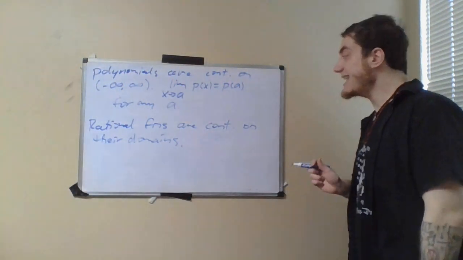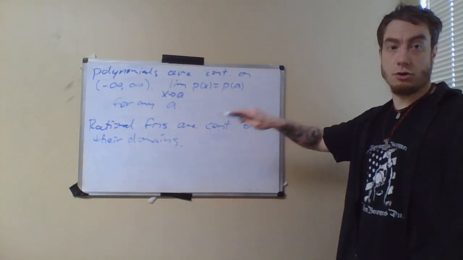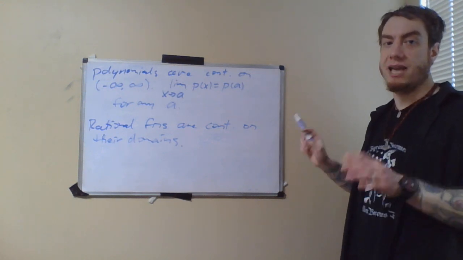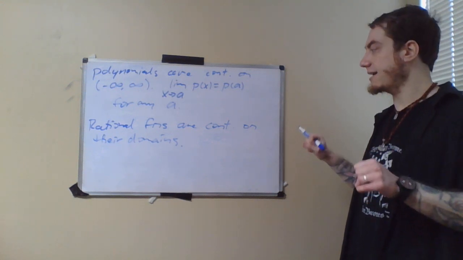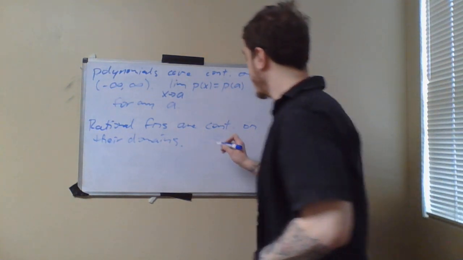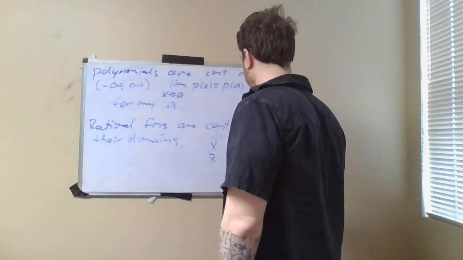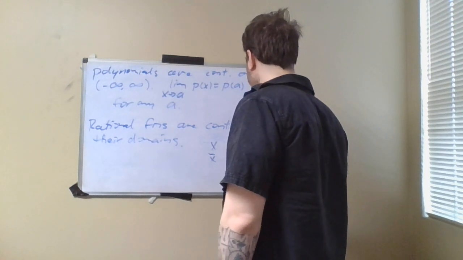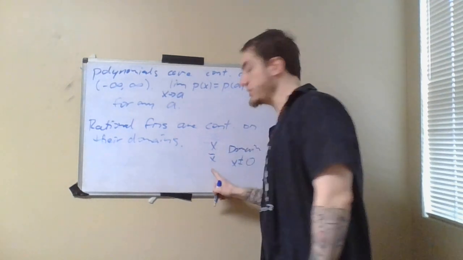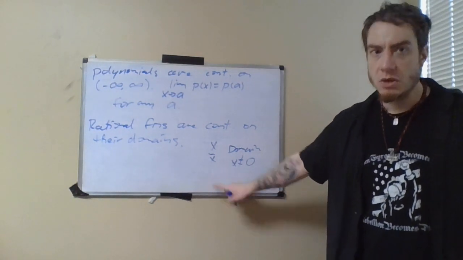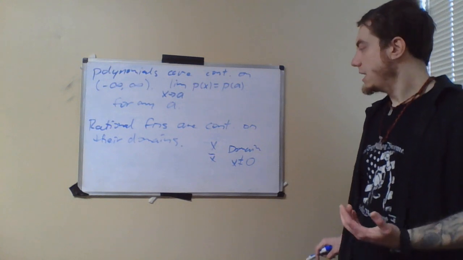Now, that's not to say that the limits are restricted to the domain. You can have limits at points outside of the domain, okay? That's perfectly fine, and we've seen that kind of thing before. For instance, the domain of x over x is x not equal to 0, because if I plugged in x equals 0, I'd be dividing by 0. That's not allowed. Well, that's not defined.